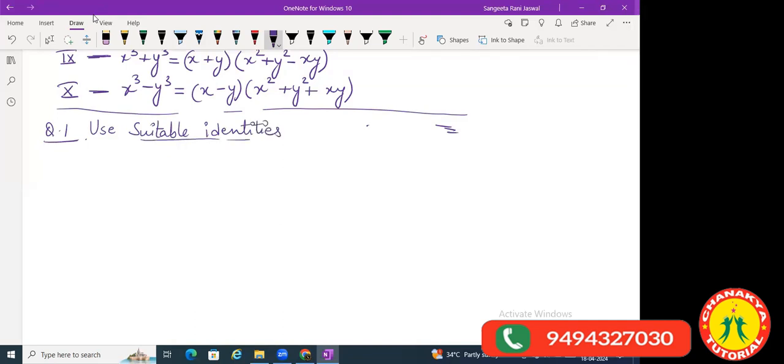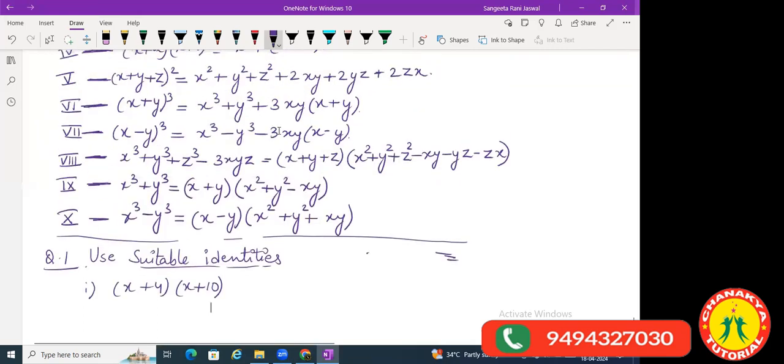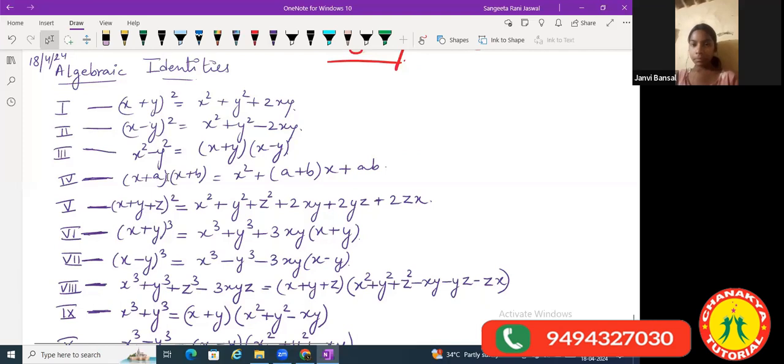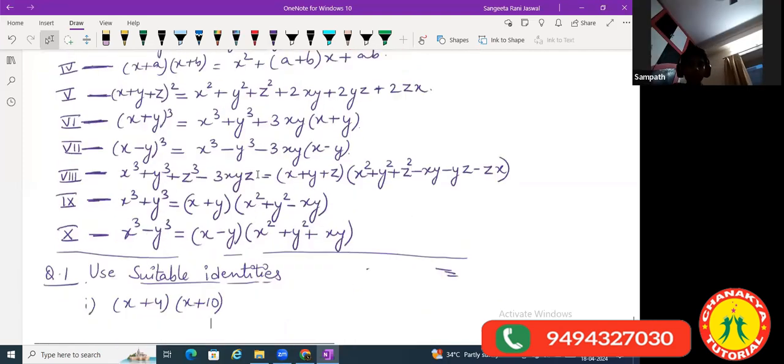You have a set of 10 identities with you. If I give you a question, x plus 4 into x plus 10, which identity do you think will follow in this? You have all identities written in your notebook now, no? We will use the x plus a into x plus b identity.